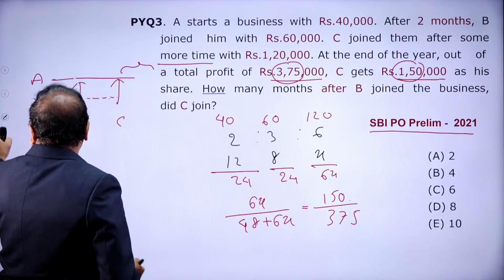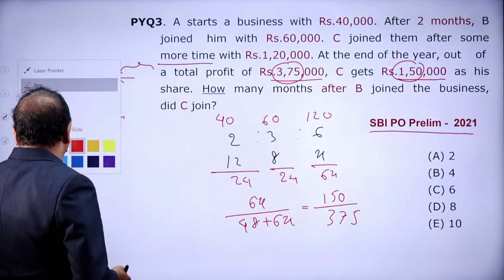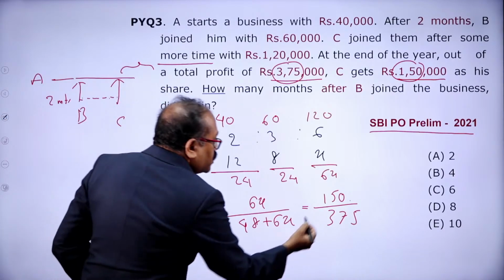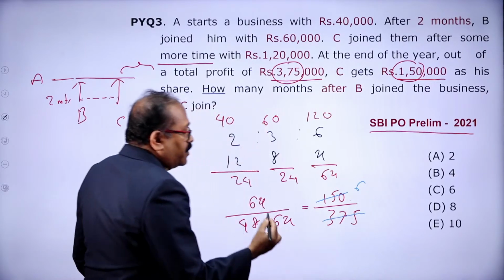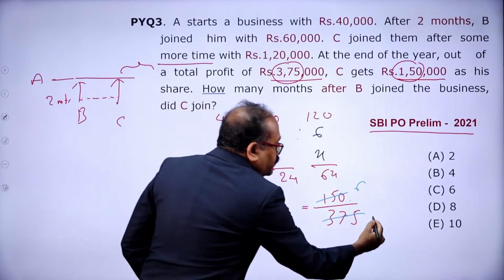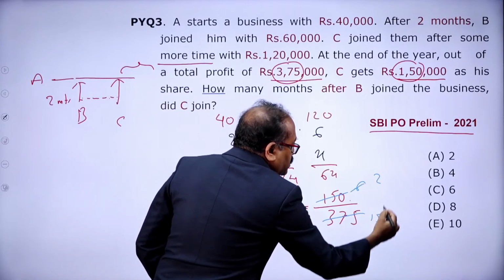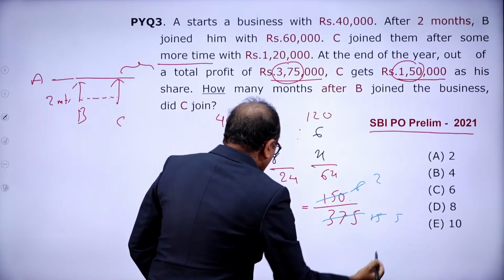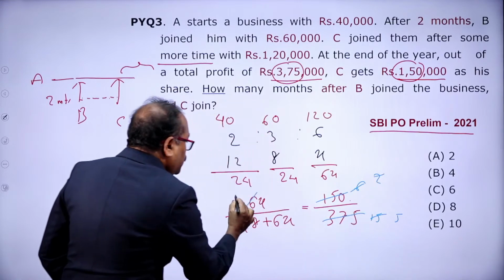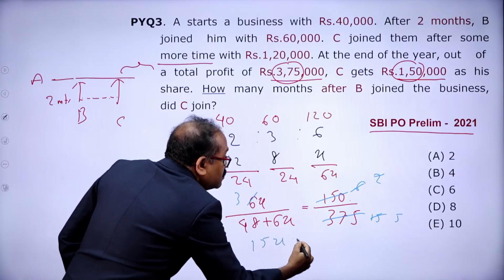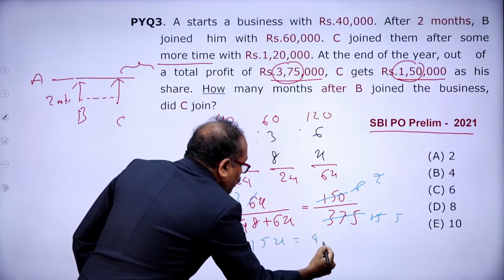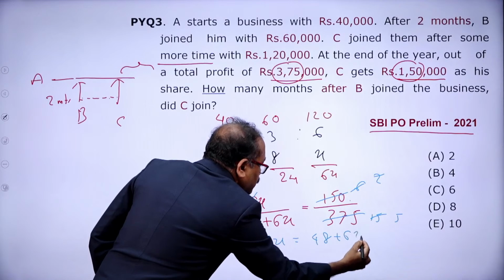Let's cancel this one and we will fix the answer here. So let's work out over here with 25, 6 times, and with 25, 4, 3, 12 plus 3 is 15, and with 3, 2 times, and with 3, 5 times, and with 2 this is 3 times, and 3 into 5 that is 15x, and 15x is equal to 48 plus 6x.